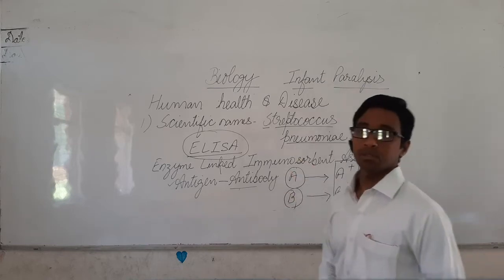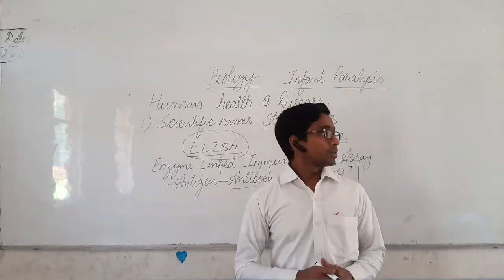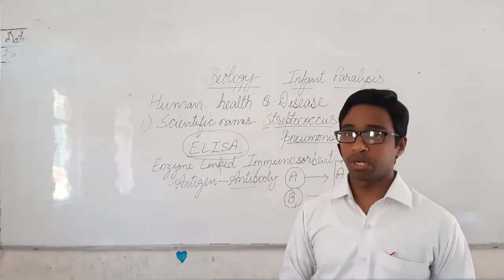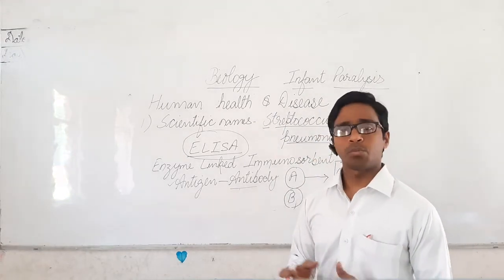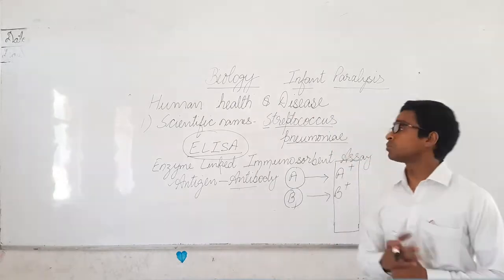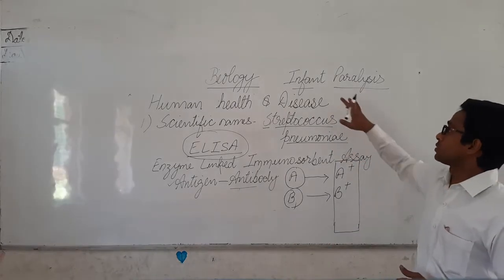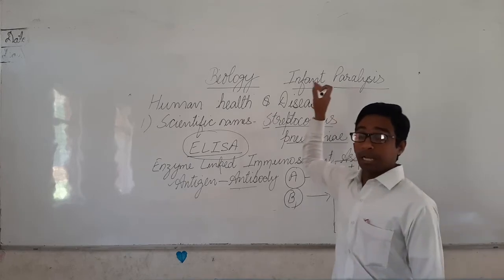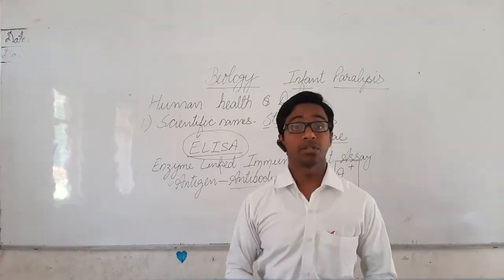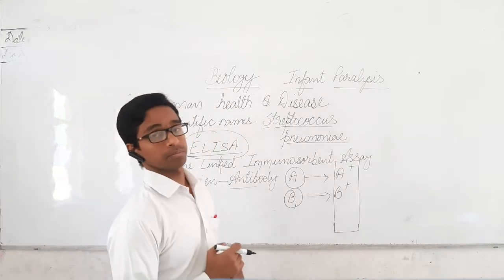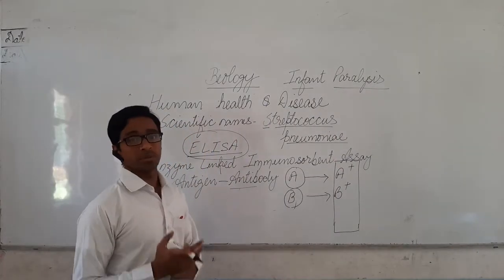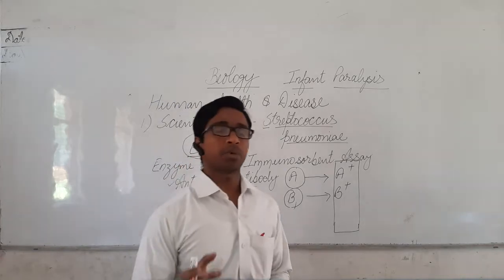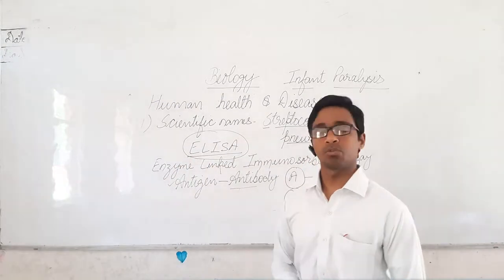Paralysis simply means that some particular organs of our body stop working. Why do they stop working? The virus responsible is called polio virus, and that virus attacks the nervous system of our body. And if the nervous system is blocked, automatically the whole body or that particular organ will stop working.